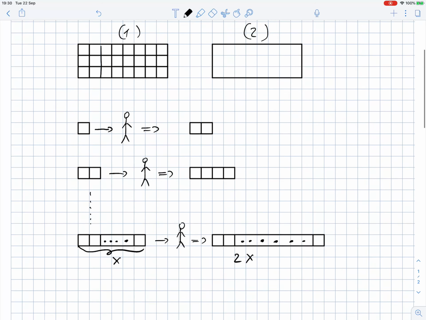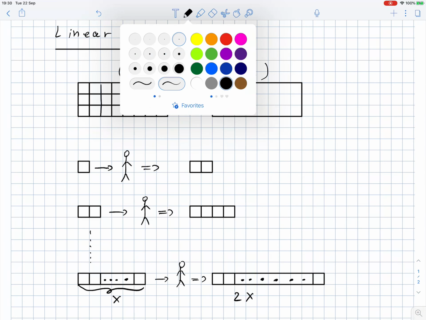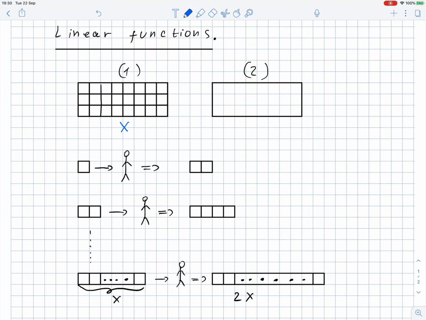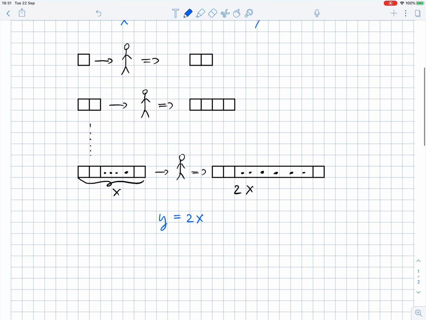Let's assume that I call the first basket a group, and we can call it X. The second group I will call Y. And the relationship between those two groups, I hope you will agree, is Y equals 2 times X. And this number 2 actually is my magic.